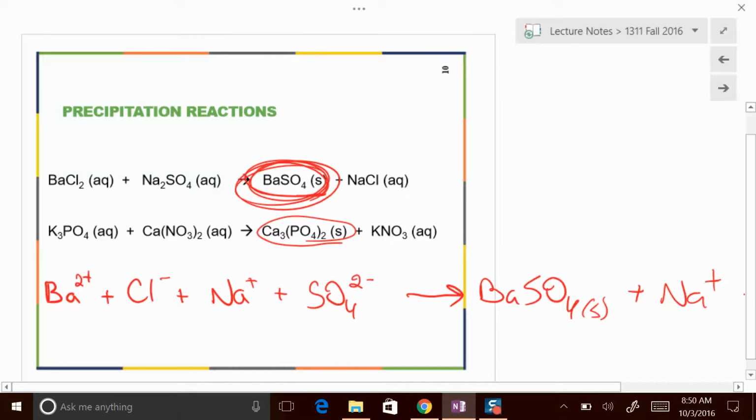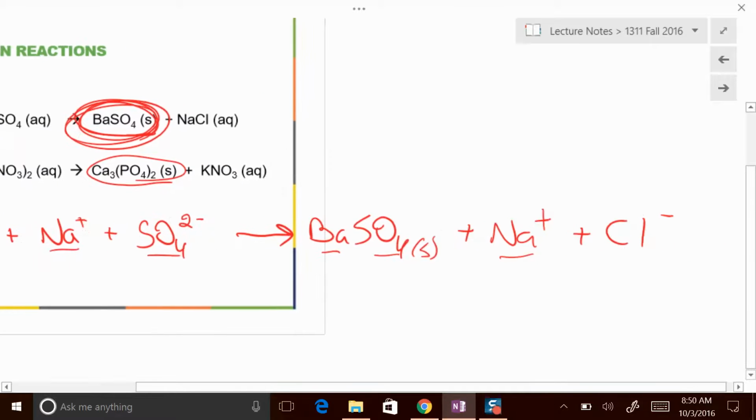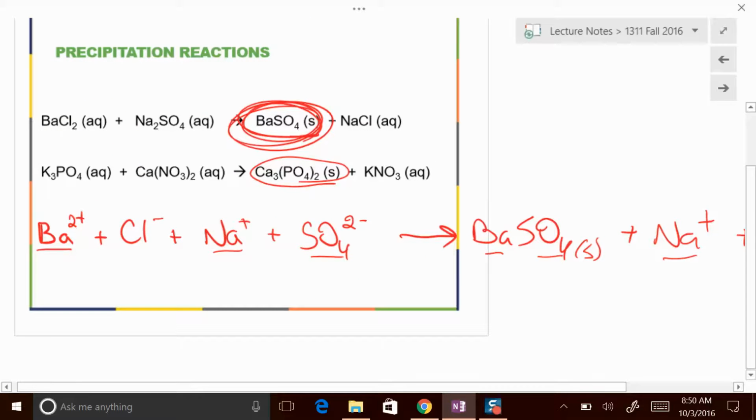Now you should balance this. So we have one barium, one sulfate. I'm sorry, I'm not doing that correctly. I have 2 chlorines here, so this has to be 2. And I have 2 sodiums here, so I need 2 there. Okay?